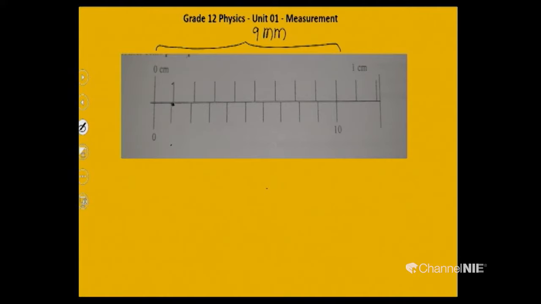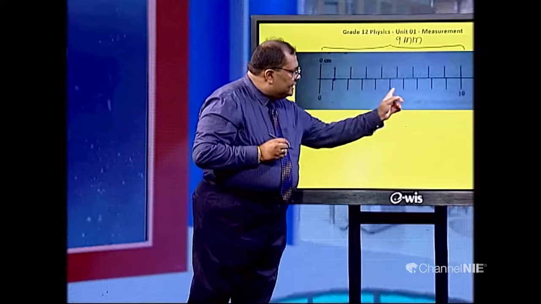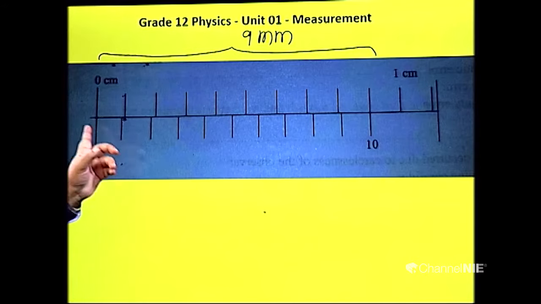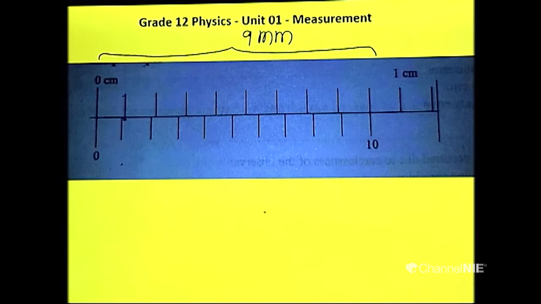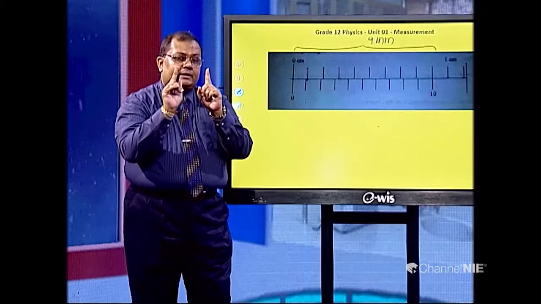I selected a 9 millimeter length from the main scale, and it is divided by the number of divisions in the vernier. This is known as the vernier scale. It can be moved relative to the main scale. Here the vernier scale has 10 equal divisions. Then you can find the width of a division.